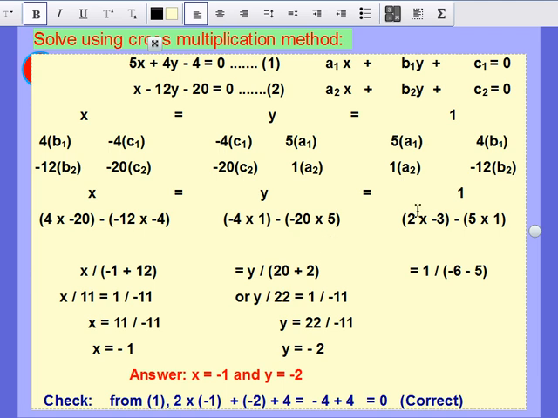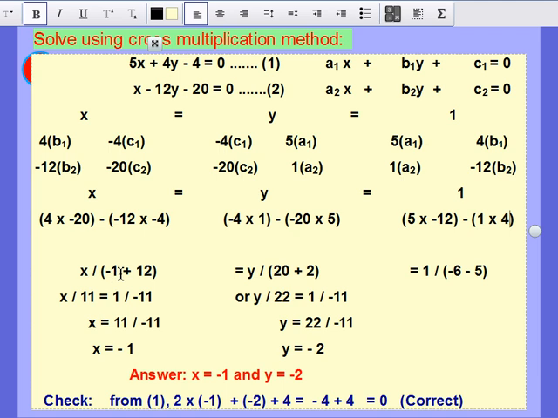If I have arranged properly, yes, 5 and 1. So 5 into minus 12. And then here you will get 1 into minus 1 into 4. Now you can solve them easily.